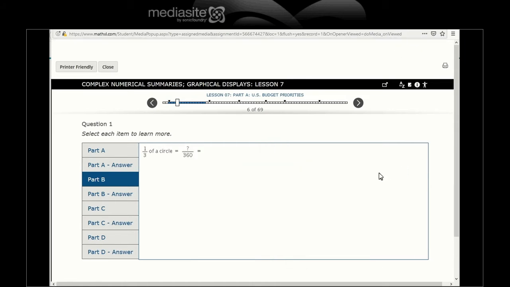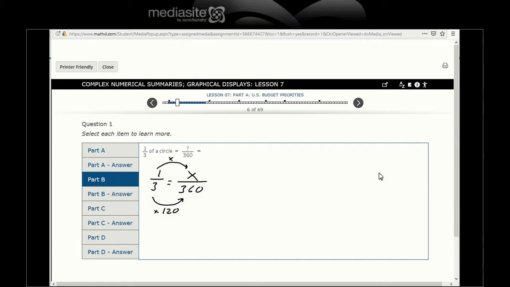One third of a circle. Well, again, one way: 3 times 120 is 360, and of course we do the same on the top.